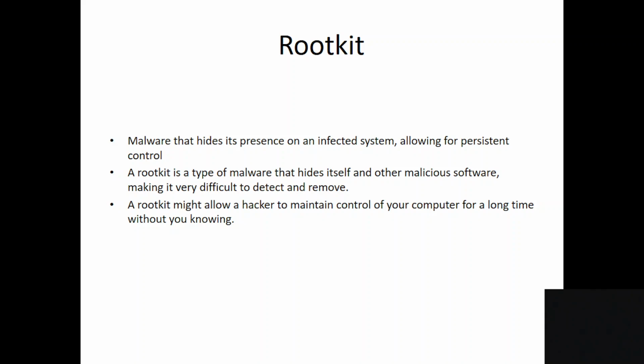A rootkit might allow a hacker to maintain control of your computer for a long time without you knowing. It is just like he has taken a remote control. You are working on your machine but you have no idea that other people have access to your machine.